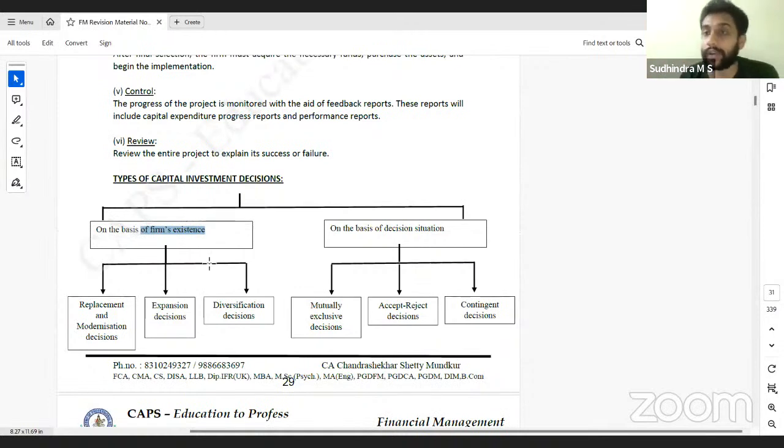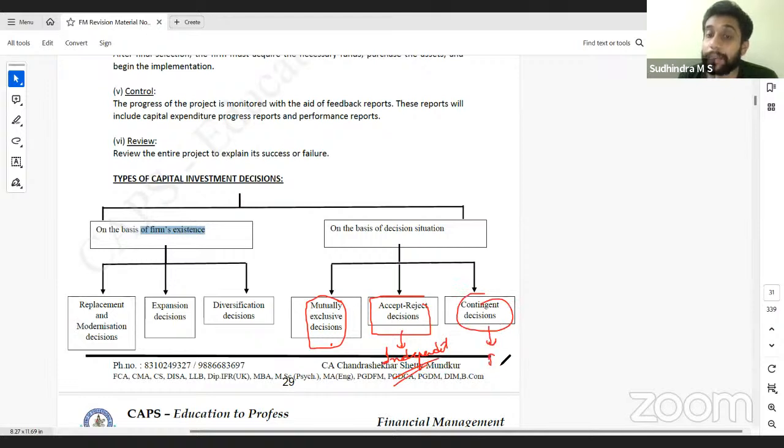Based on situations, we can divide it into three different aspects. Mutually exclusive decisions. That means when we have two decisions, if we choose one, the other cannot occur. We call them mutually exclusive, right? So mutually exclusive decisions. Accept, reject decisions. These are independent proposals which are not dependent on each other.